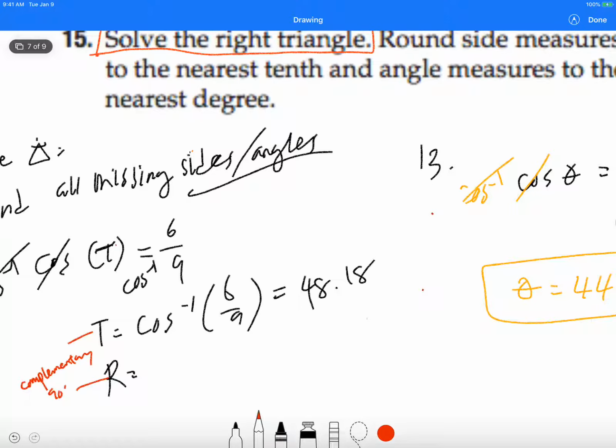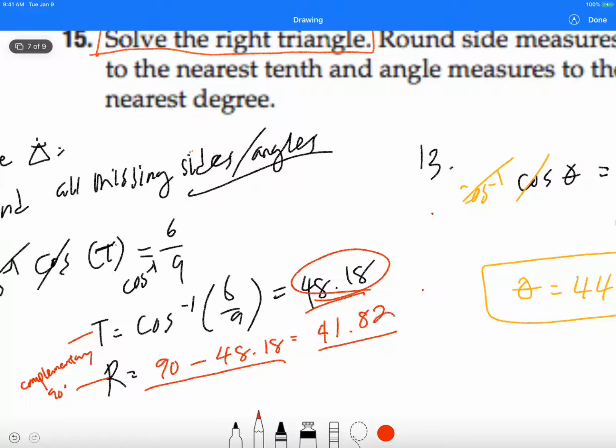What does that mean? It means that they add together to give you 90. So what is the angle R going to be? So simply take 90, subtract away 48.18 because that's what T is. So 90 minus 48.18 gives you 41.82.